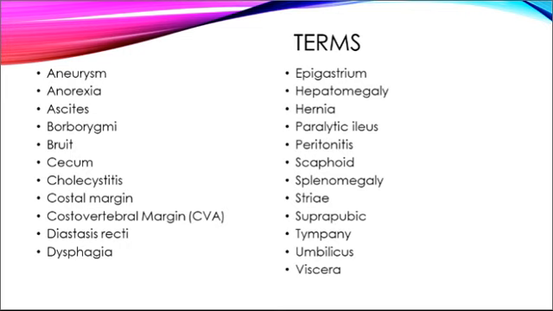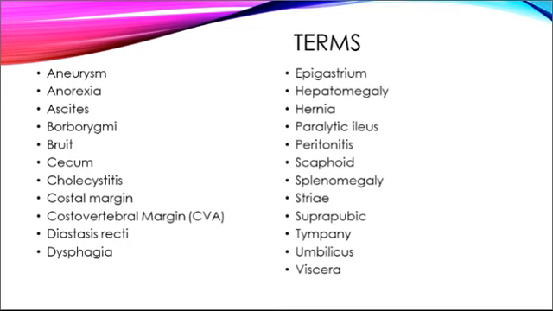Costovertebral angle is those two areas on either side overlying the kidneys. Diastasis recti is when the middle of the abdomen has a ridge because the rectus abdominis muscle there has separated. Epigastrium, I mentioned on a previous slide, is the abdominal region between costal margins.